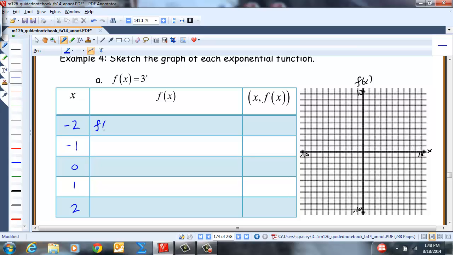So f at negative 2 is going to be 3 raised to the negative 2, which is 1 over 3 squared, or 1/9.